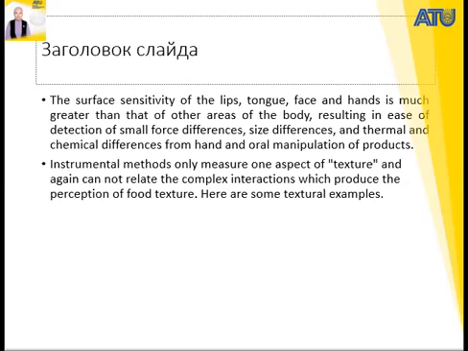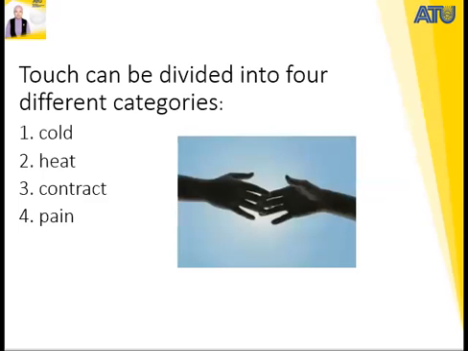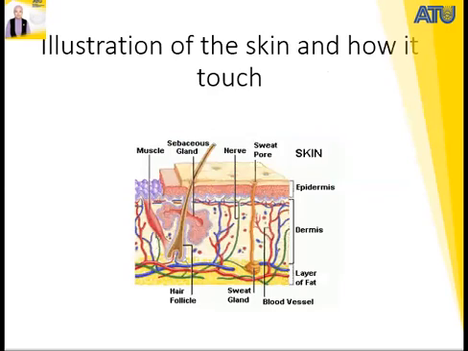So here are some textural examples. Touch can be divided into four categories: cold, heat, contact, and pain. As you can imagine, this concerns our dermis and epidermis and how the skin senses touch. In our skin we have the nerve, sweat pore, and under them the epidermis and dermis, where the nerve is situated.